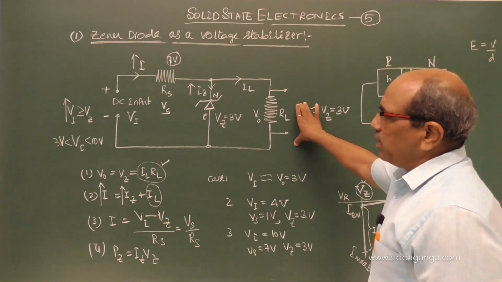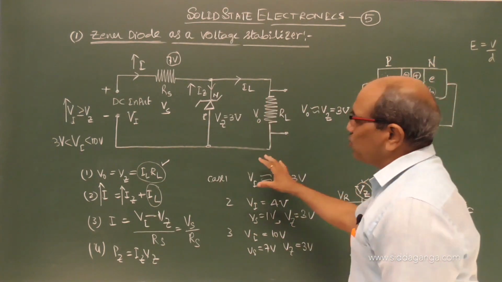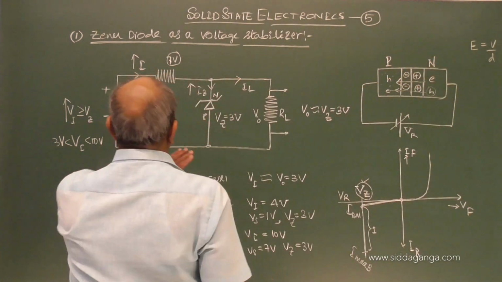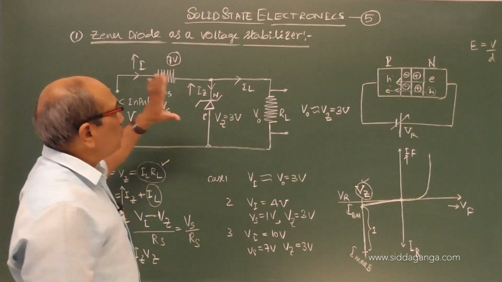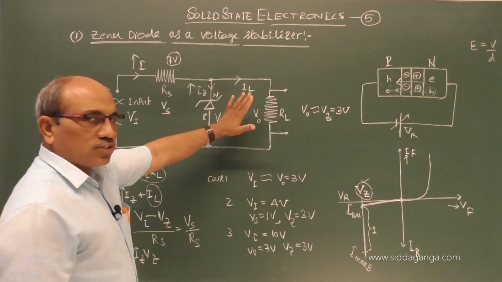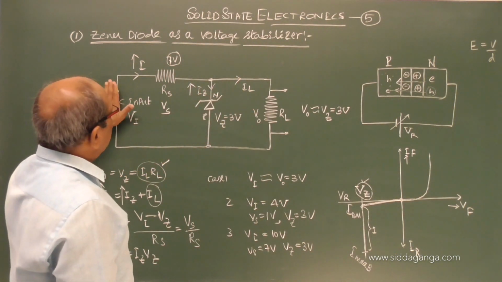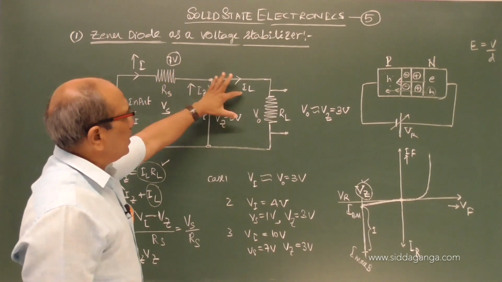But I hope you understood how the Zener diode functions. If not understood, I will take an example here. Before that, I conclude that we have taken a circuit as a voltage stabilizer circuit. When we supply input, the current flows in Rs and divides into Iz and IL.